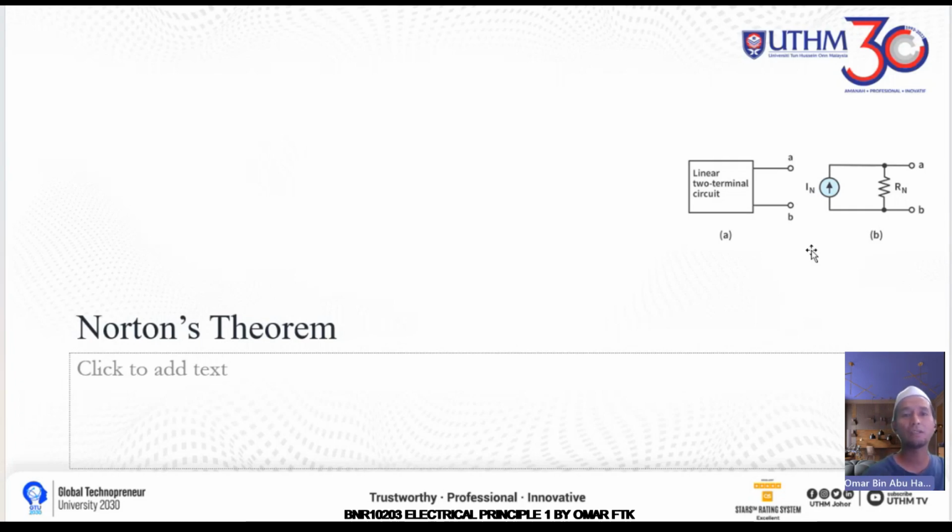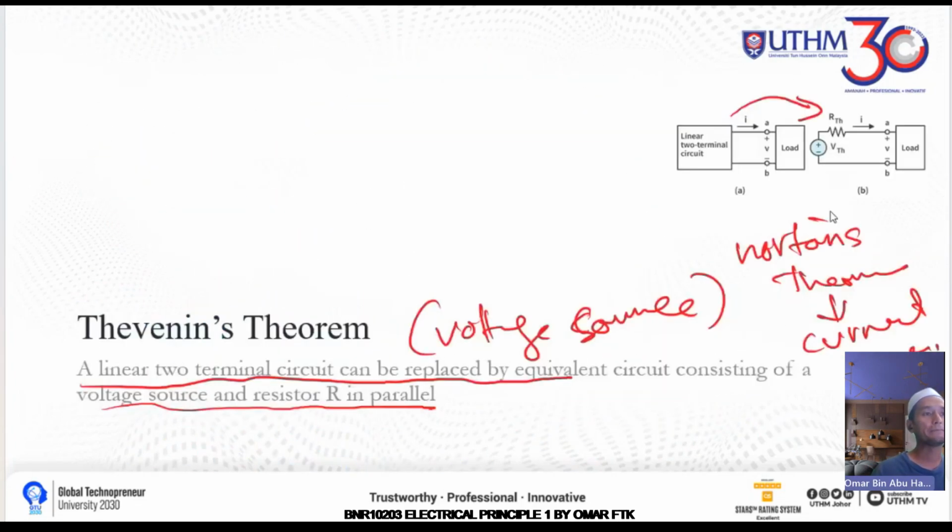But Norton theorem focuses on the current source that is parallel with the resistor, while the Thevenin theorem focuses on the voltage source that is in series with the resistor.